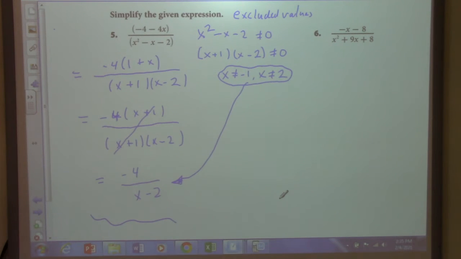Oh, wait, we have to distribute the negative. Would you say x minus 8? X plus 8? It's just x. Minus and plus is negative.